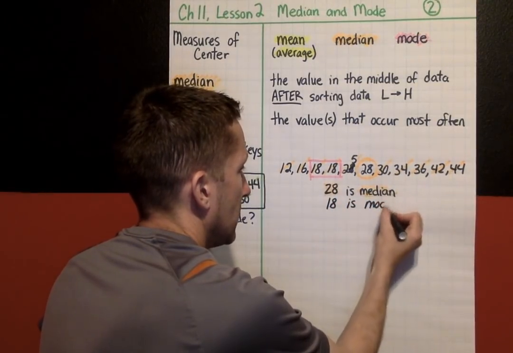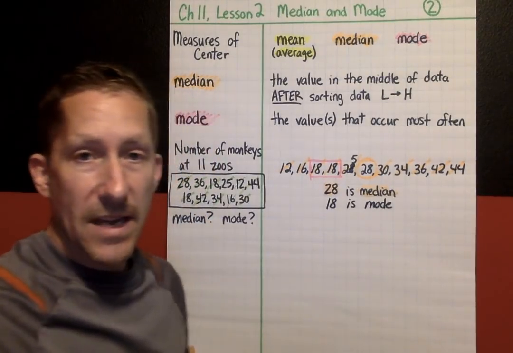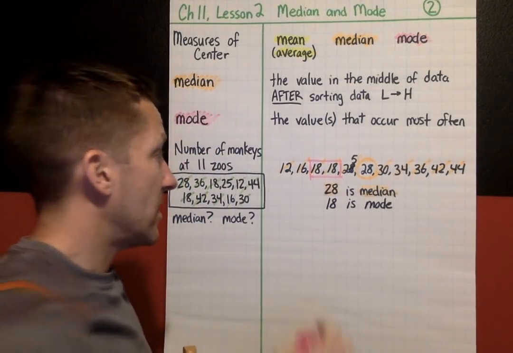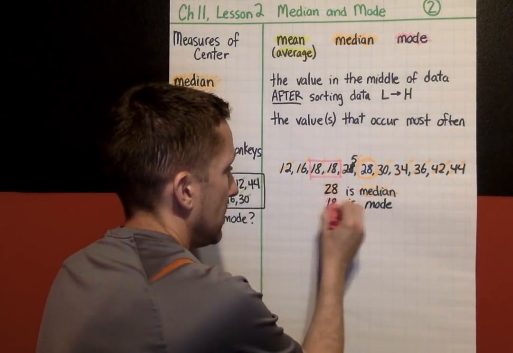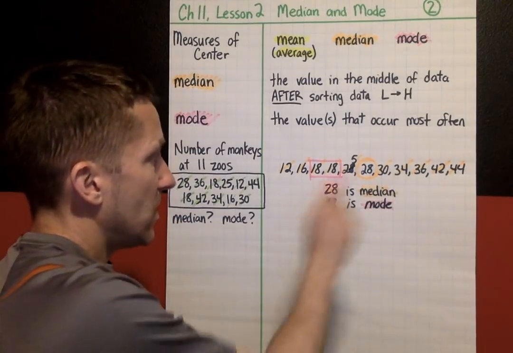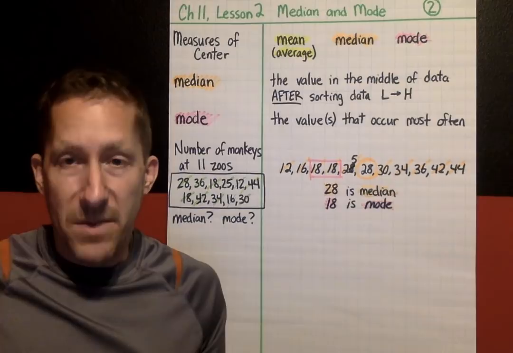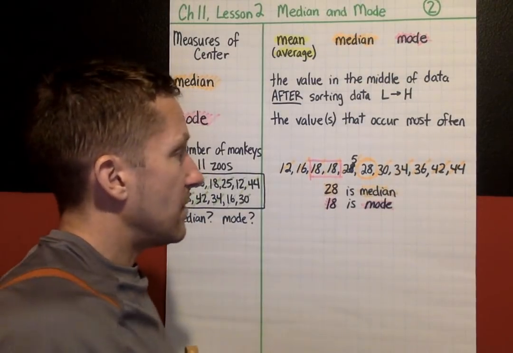18 is the mode. So, big idea with median and mode again is you've got to get your data in order. That's the biggest thing, getting it in order first. So this is what your work should look like today. And again, you saw me make a mistake. You've got to be slow and careful.